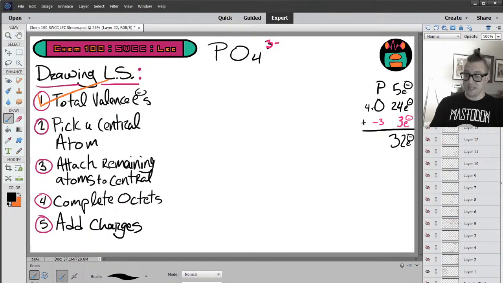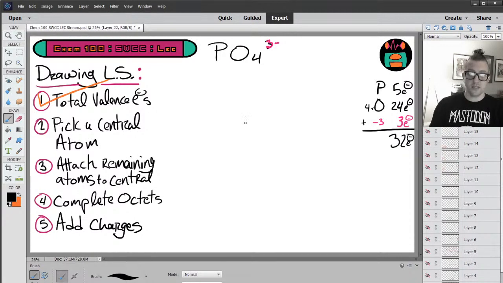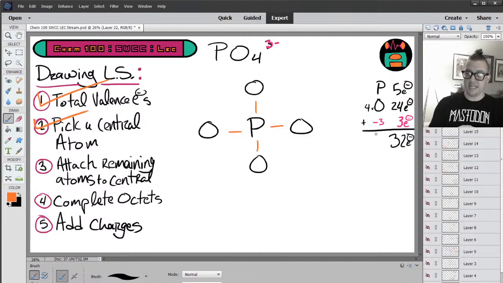So we selected phosphorus for our central atom. Next, we need to attach our 4 oxygens. 2, 4, 6, 8. This is going to cost us 8 electrons. 32 minus 8 is 24. Now we got to start filling out our octets.